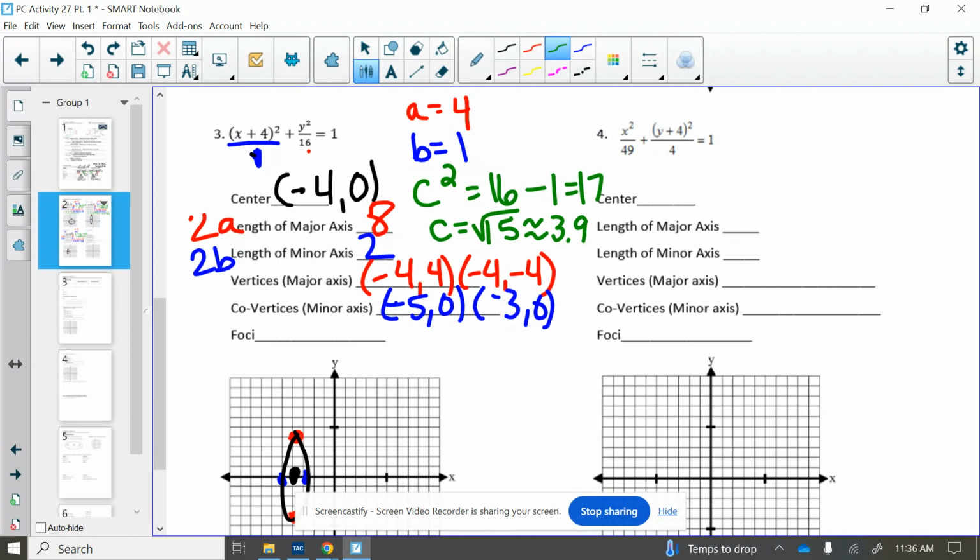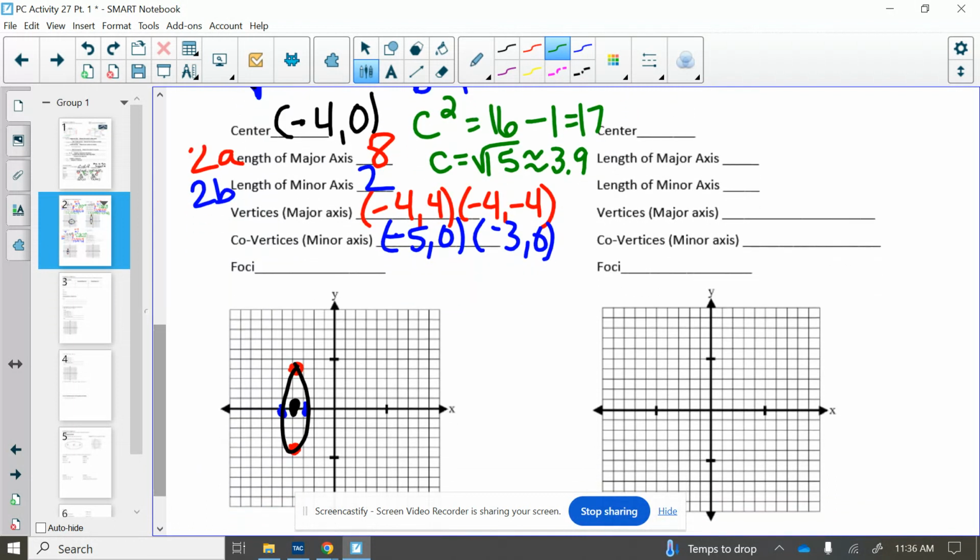So we are going to be going up and down because it's still on that major axis, about 3.9 units. So we would be taking -4, but we would be going up 3.9 or up about square root of 15, or we would be going down about square root of 15. Again, you could use the decimal approximations as well.